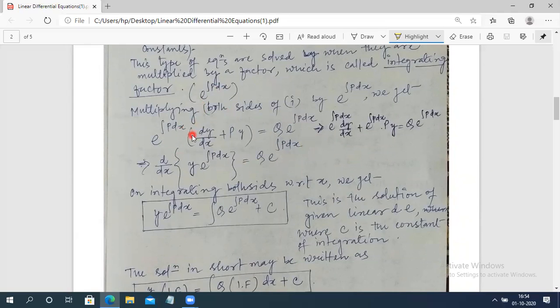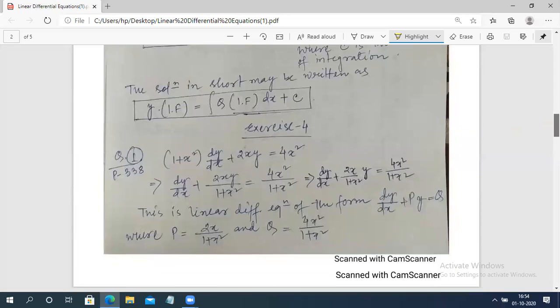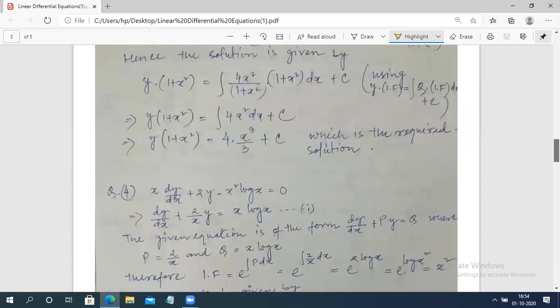You have to find the integrating factor and then write the solution. That is, y into the integrating factor is equal to integration of q into the integrating factor dx plus c, and then your solution will be like this.